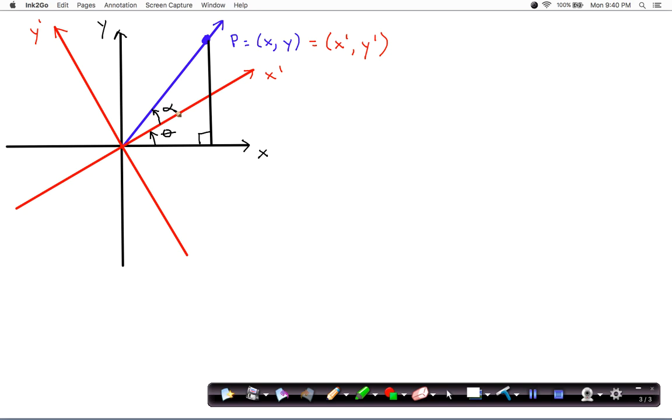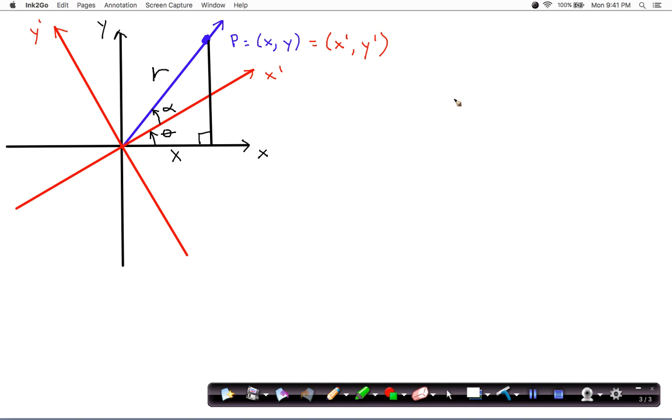All right, let's start labeling a few things. Let's look at this triangle first. If we think back to polar coordinates, we would label this length right here r. So I'm going to label that r. Thinking back to basic trig, this length over here, which is length x, we could write in terms of r and the angle.